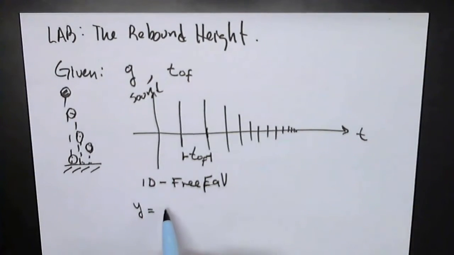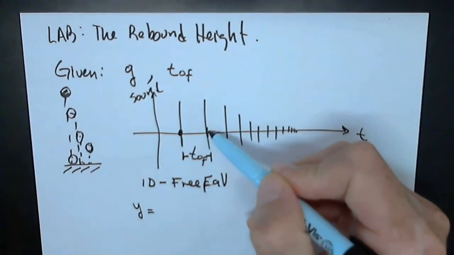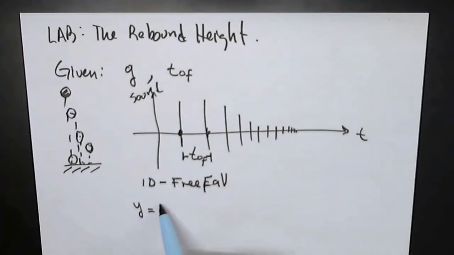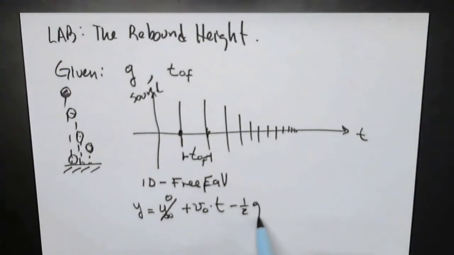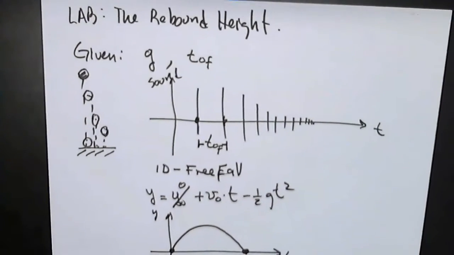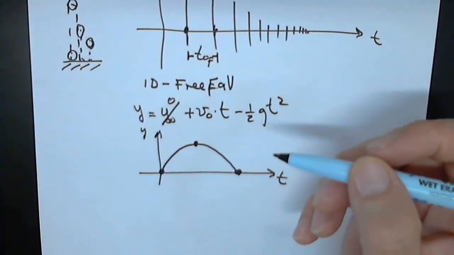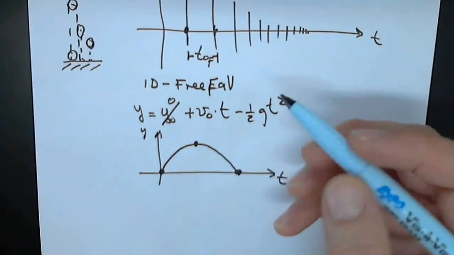And this is the kinematic equation. Once it hits the ground and then hits the ground, the initial position is 0. The position is v naught t minus 1/2 g t squared. So in time, if this is time, no position, we are dealing with this, and we want to find this. That's the rebound height.